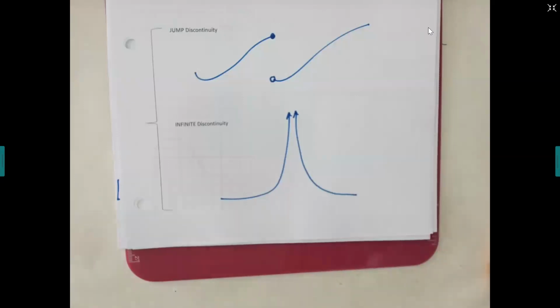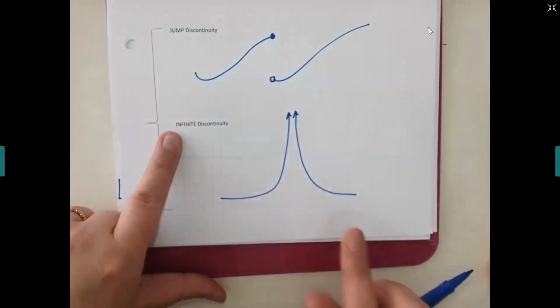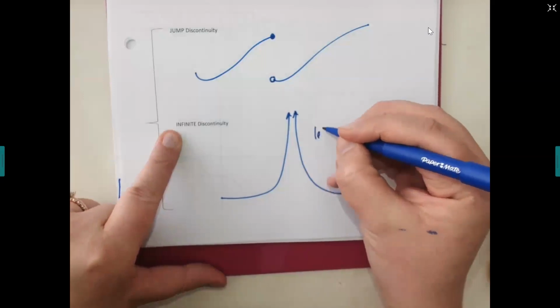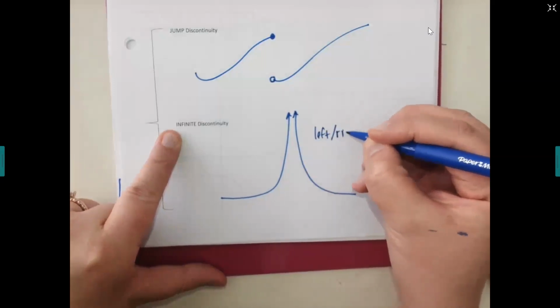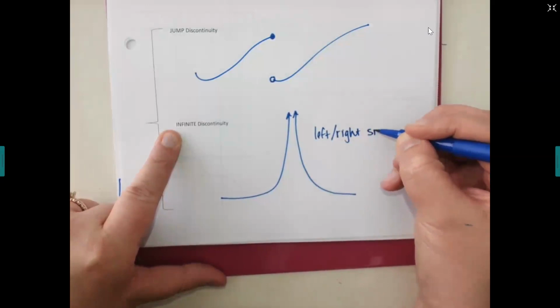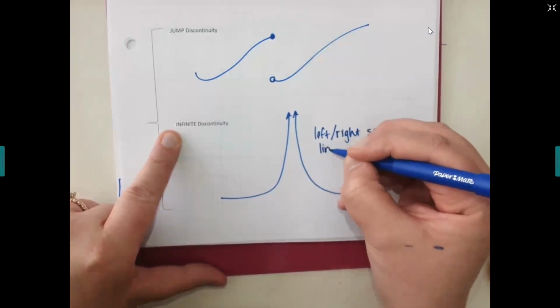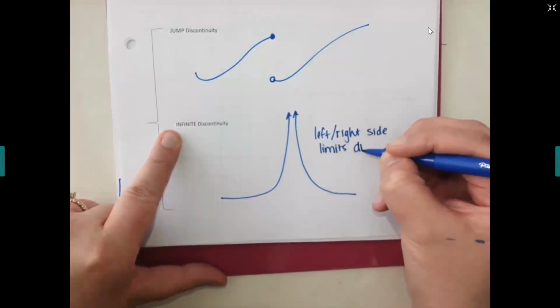Real quick, let's talk about what makes these discontinuities. For this one right here, your left and right side limits DNE.